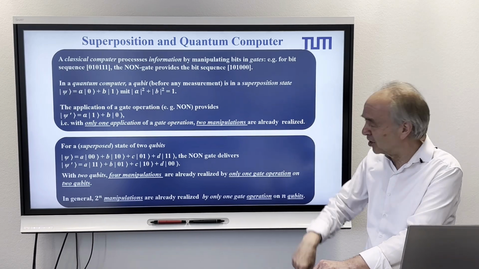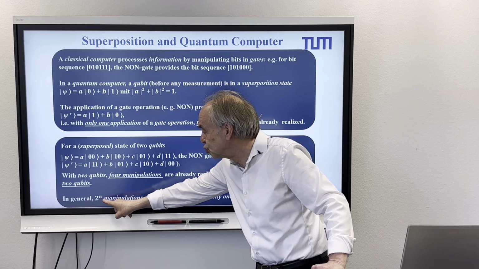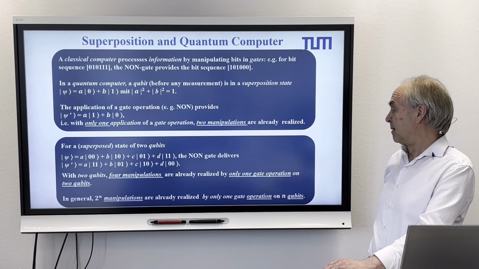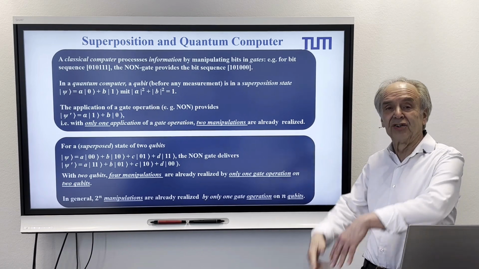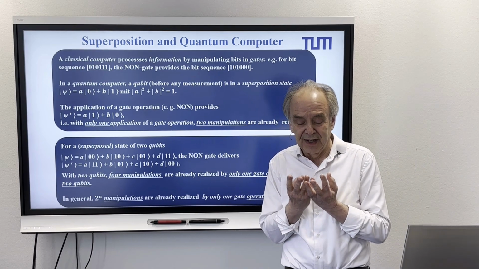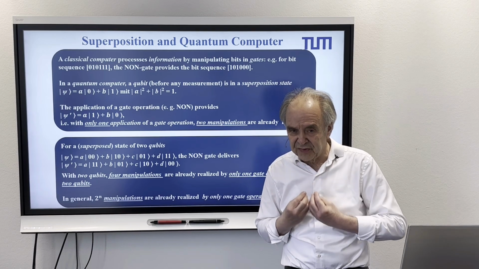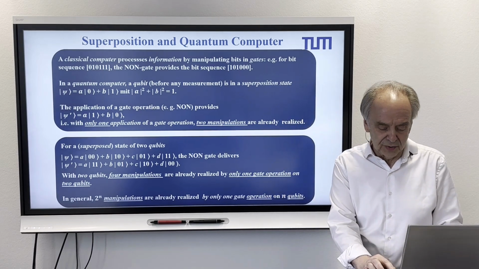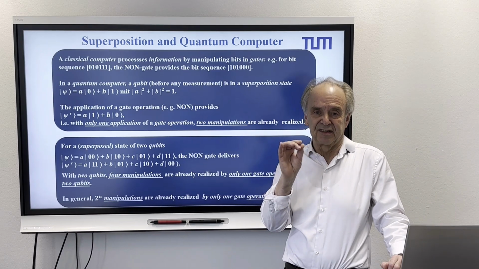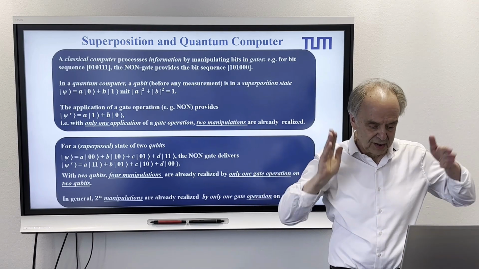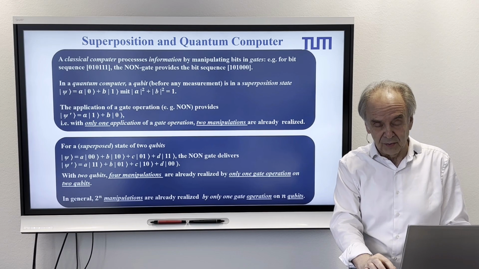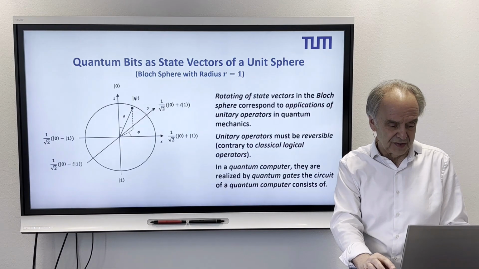And of course, that can be generalized. That means 2 to the n manipulations are already realized by only one gate operation, and so on. I think that gives us a precise but elementary impression of the enormous acceleration of computation of a quantum computer, and that is sometimes called quantum parallelism. Exactly this situation: application of the computational devices to superposed states.